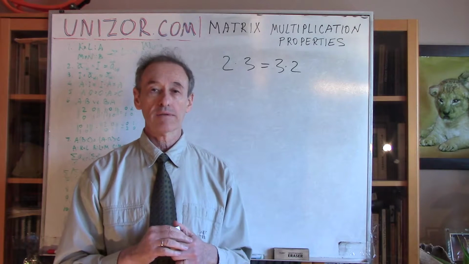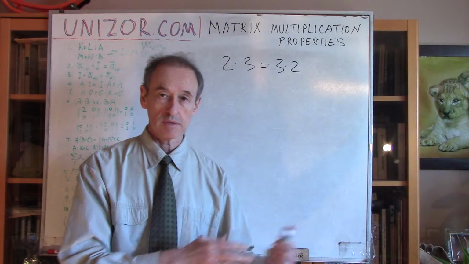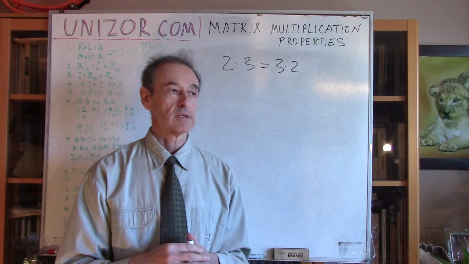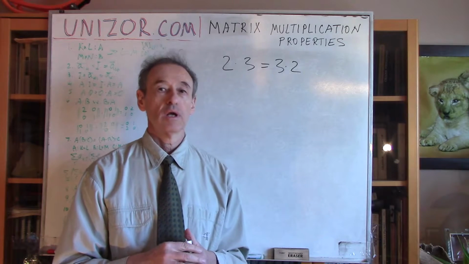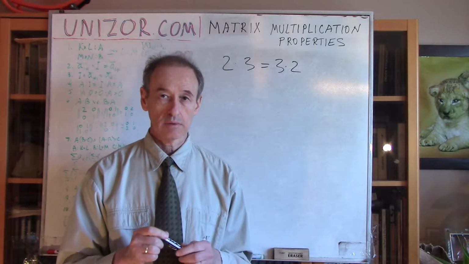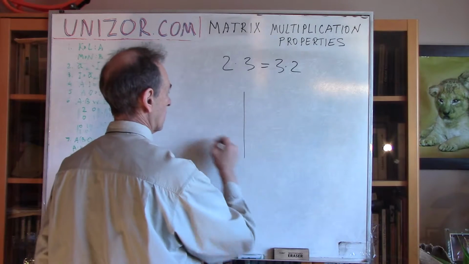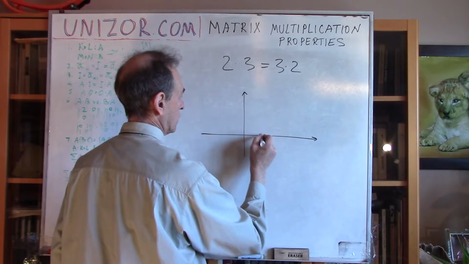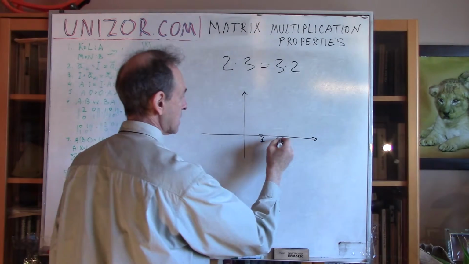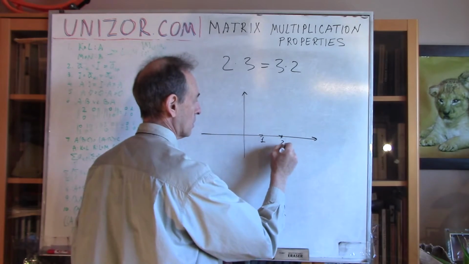But let me tell you another transformation which is not exactly commuting with some other transformation which I wanted to present to you. Let's take the transformation of stretching along some axis. Let's say along the x-axis. Now, what does it mean? Well, if you have a vector here, let's say it has a unit length, and I'm stretching by a factor of 2, the result will be 2.